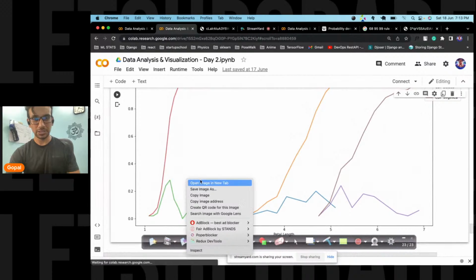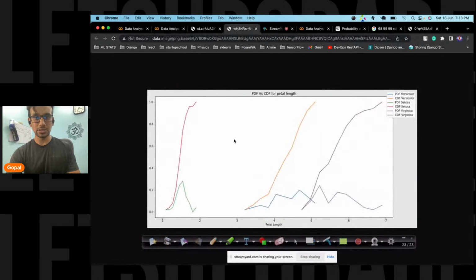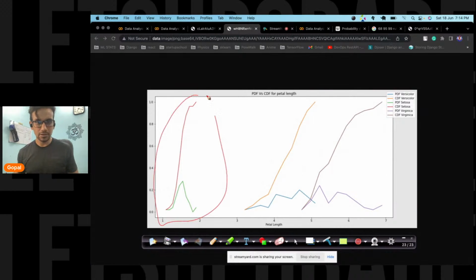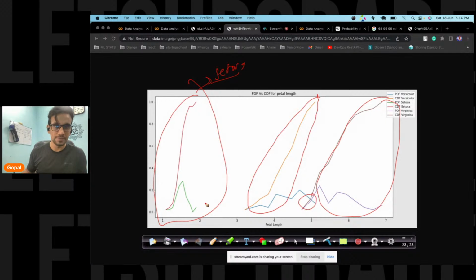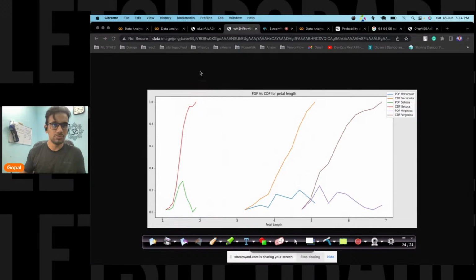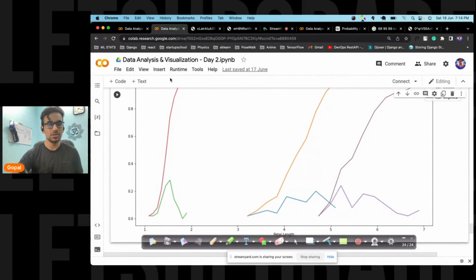Now, if you notice in this portion here, this Setosa graph is totally isolated. And for these others, again, we have some overlap here.